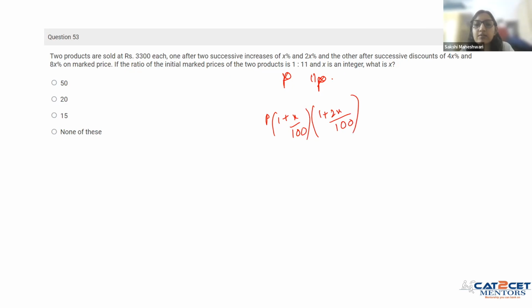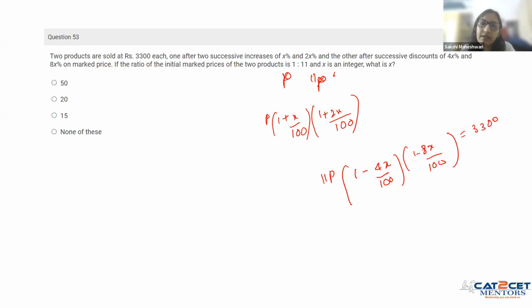And the other one is just the opposite. This will be 11P into 1 minus 4X by 100 and 1 minus 8X by 100. This equals 3,300, and this is also equal to 3,300.